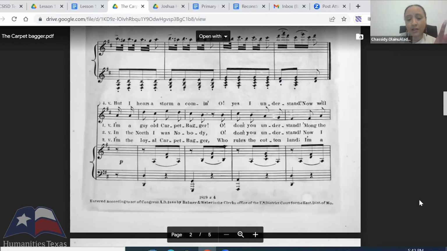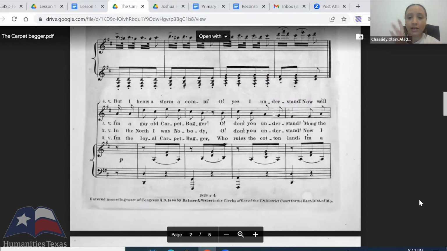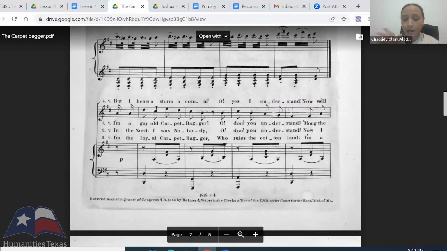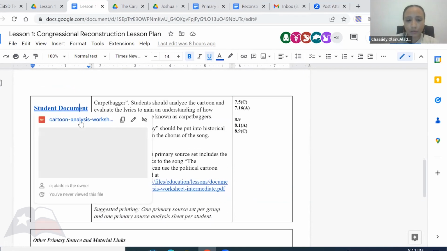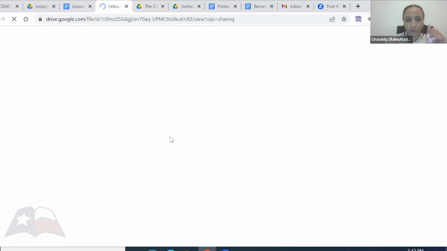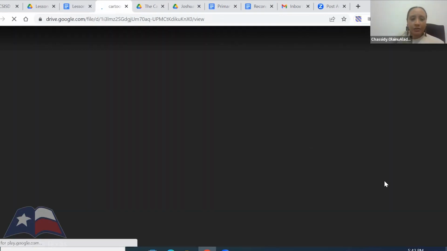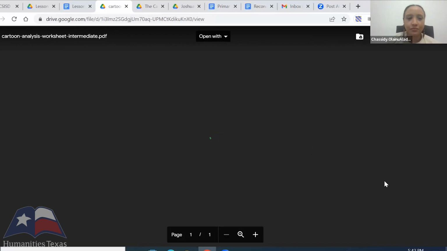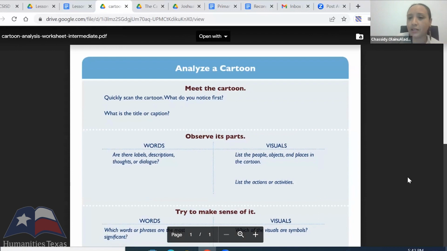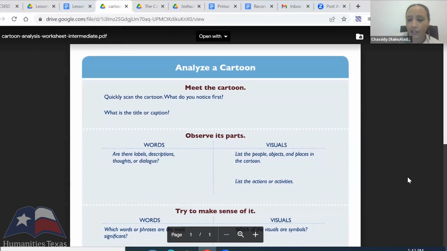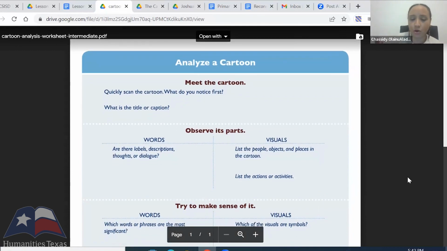To accompany it, there is a political cartoon analysis document, a PDF in the lesson plan with a link to it. Here we go, perfect. Thank you, Michelle. You're right on time. It's just a simple political cartoon analysis tool that can be used with this one or with others.